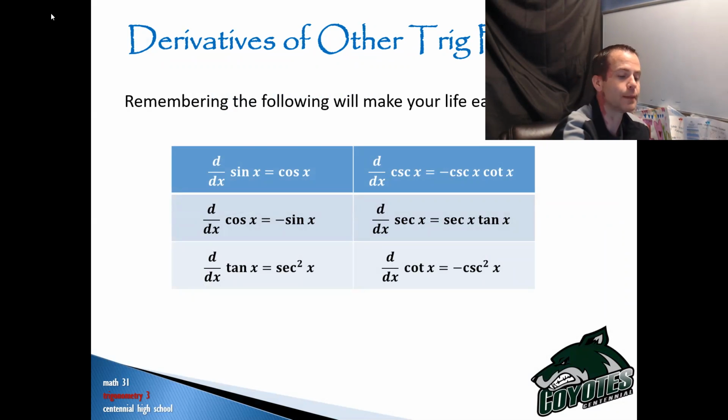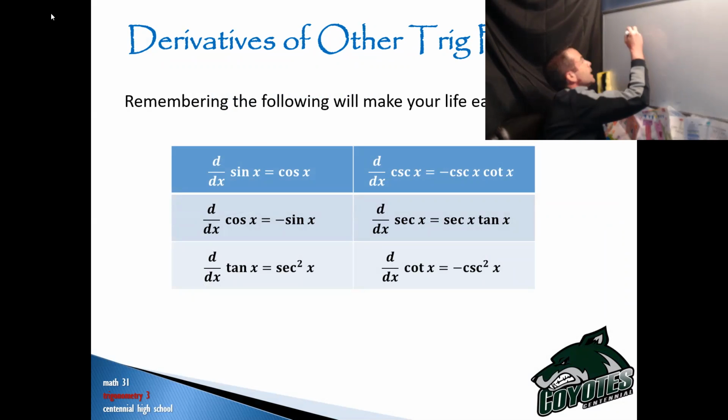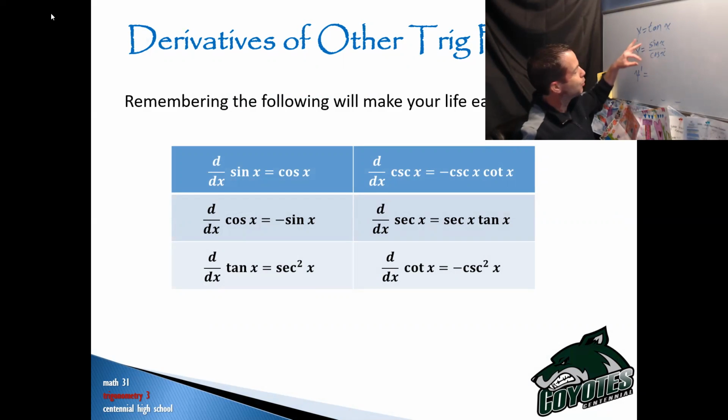But just to show you what I mean, everything's derived from things we already know, right? So if I had been looking at y equals tan x, and I wanted to take the derivative of that, well, what I could do is say tan is sine over cos. So I could say that sine x over cos x. So now if I want to take the derivative, I'm going to go, hey, that's the quotient rule. So I'm going to go derivative of f times g minus f times derivative of g all over g squared.